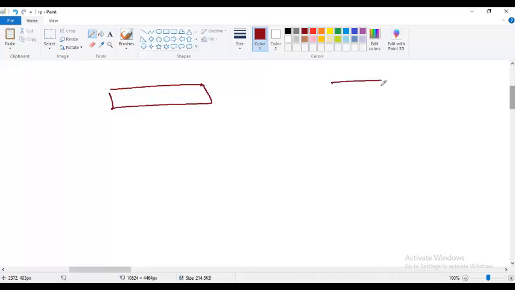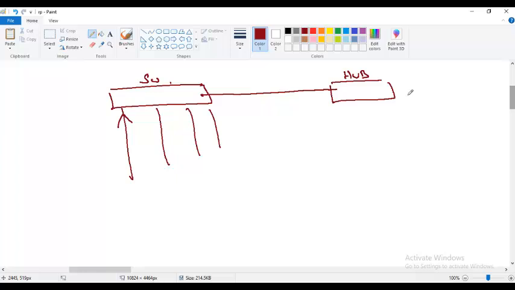Next, let us take a switch and a hub. Same story. If I connect a hub and a switch, the broadcast that is going from here will stop only in the last port of the hub. Do you agree? So how many broadcast domains do we have? Only one. And collision domain.